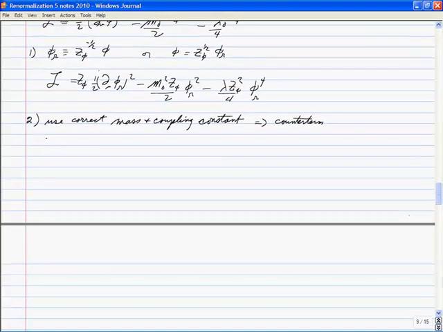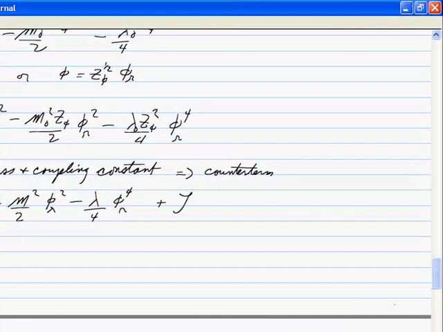So we're going to write this then as L is 1/2 (∂_μ φ_renormalized)² minus m_physical squared, that's whatever the physical mass is, minus λ_physical over 4, φ to the 4th, plus the counterterm Lagrangian. So let's write L_CT.